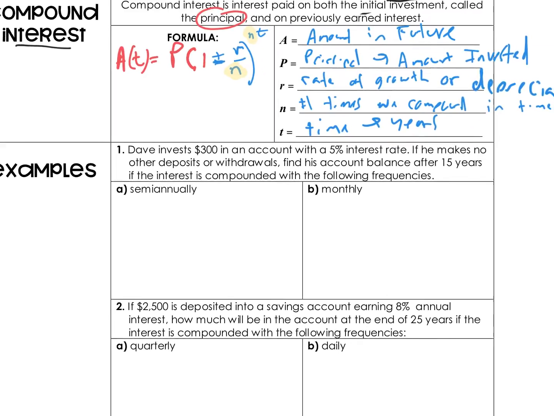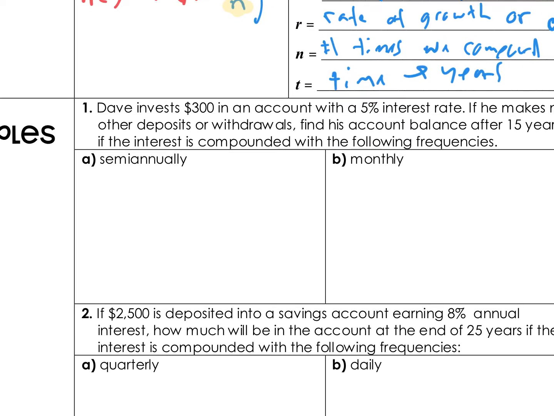Let's do some examples. Dave invests only $300 in an account. The interest is only 5%. FYI, I still need to call that 0.05.